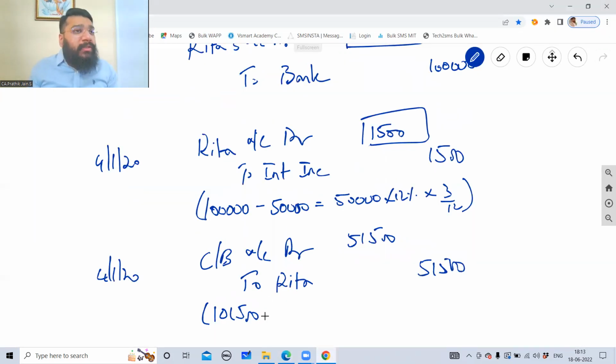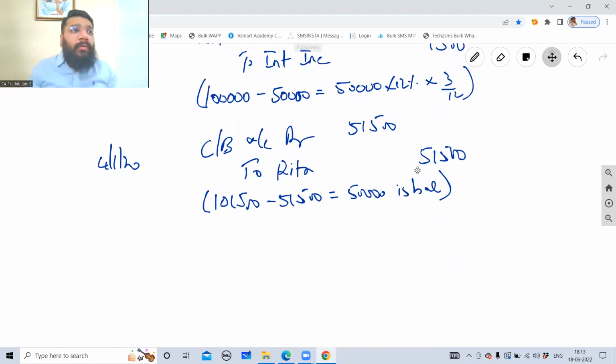So out of 1,01,500, how much is being paid? 51,500. So what is the balance? 50,000 is the balance. Clear with this point? So for the balance amount, we need to open a new bill. So 4/1/2020.